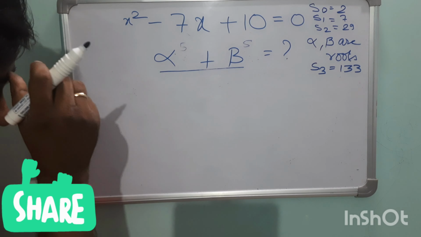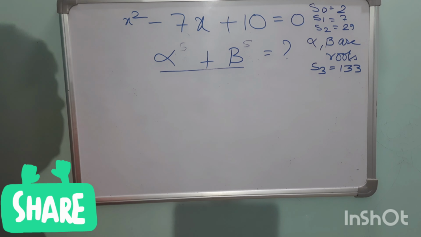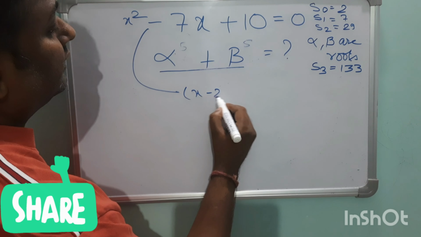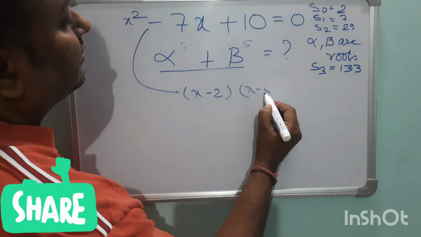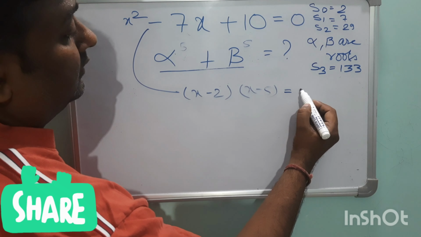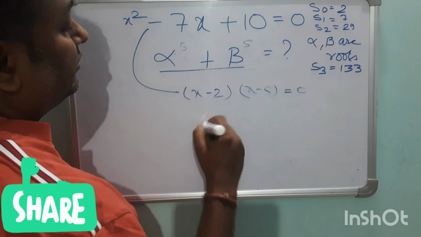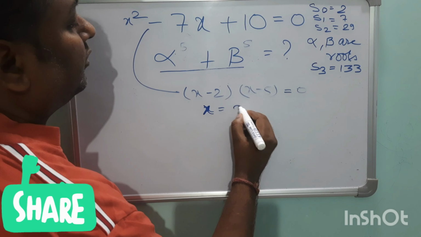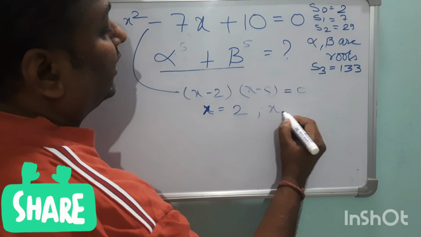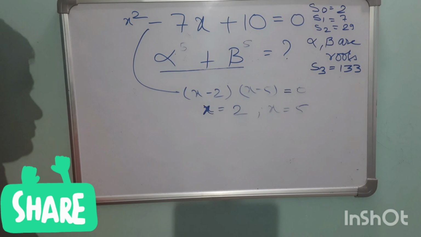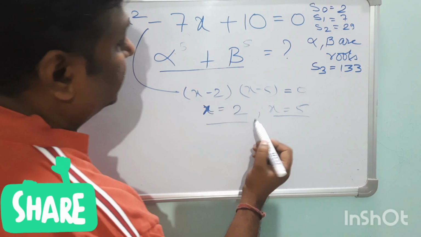Now what should be our approach? If we split this number here, this becomes this raised to power 5. So x value is going to be 2 or x value is going to be 5. Direct substitution also we can go for.